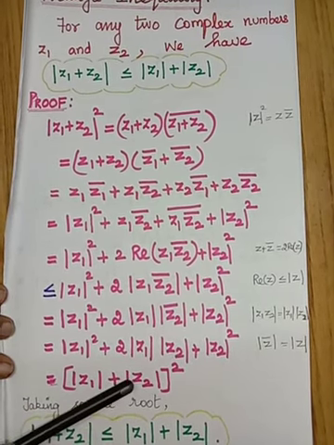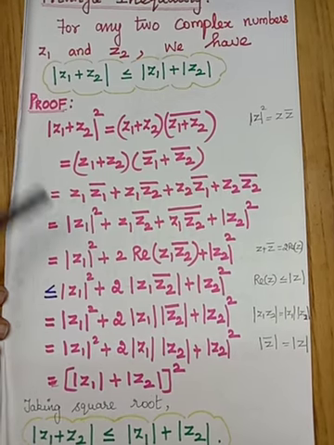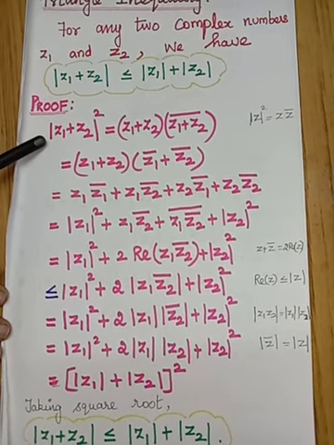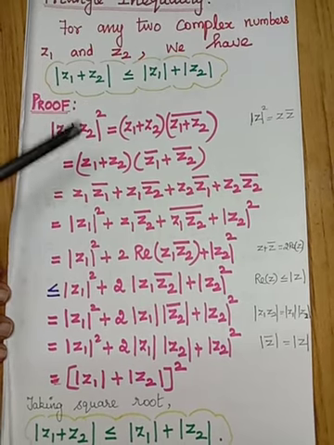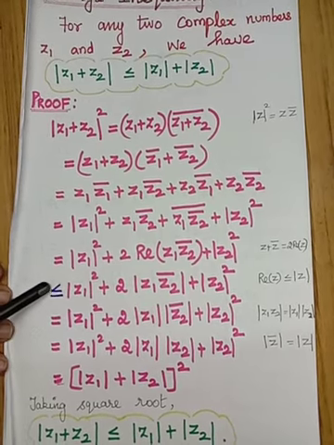So modulus of z1 plus z2 the whole squared has the inequality.